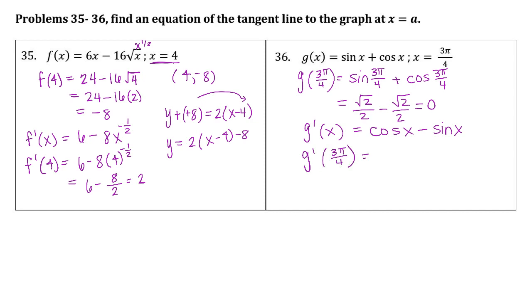So we're going to have cosine of 3 pi over 4 is negative root 2 over 2 minus root 2 over 2. So that's going to be negative 2 root 2's over 2, which should simplify down to just negative root 2. So we're ready to write our equation. So y minus 0 equals our slope, negative root 2, times x minus 3 pi over 4.